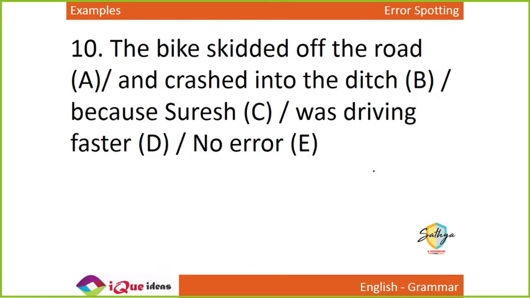The bike skidded off the road and crashed into the ditch because Suresh was driving faster. Rahi, which rule? You are referring to the previous question?